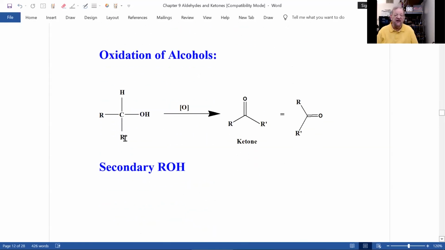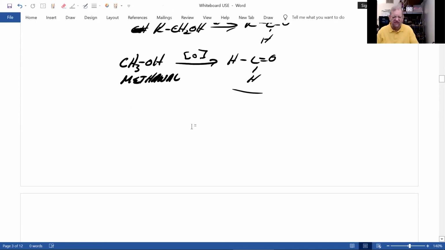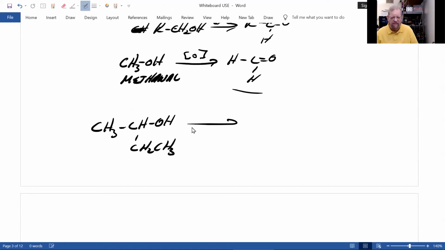Now, if you take a secondary alcohol, and you already learned this, so we'll go through it quickly, and oxidize it, you'll get a ketone. Sometimes I'll write it like this. And if you oxidize it, what is this? Alcohol.